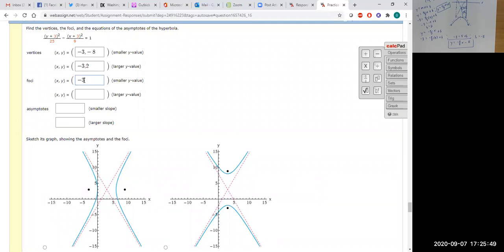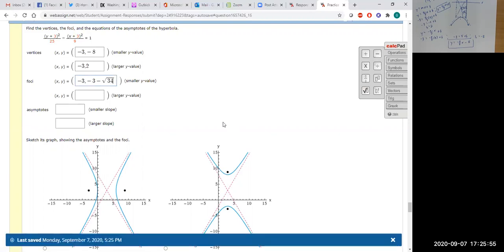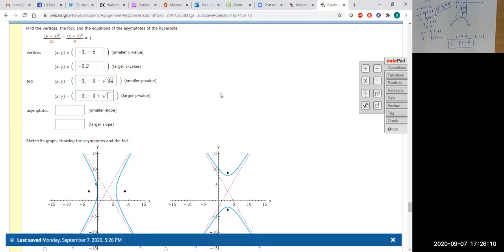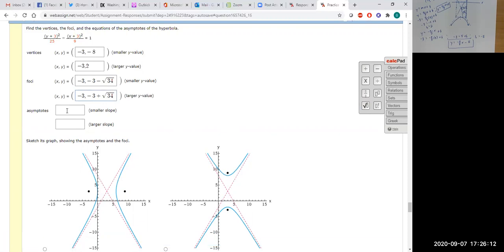The larger one: -3, then -3 plus the square root of 34.